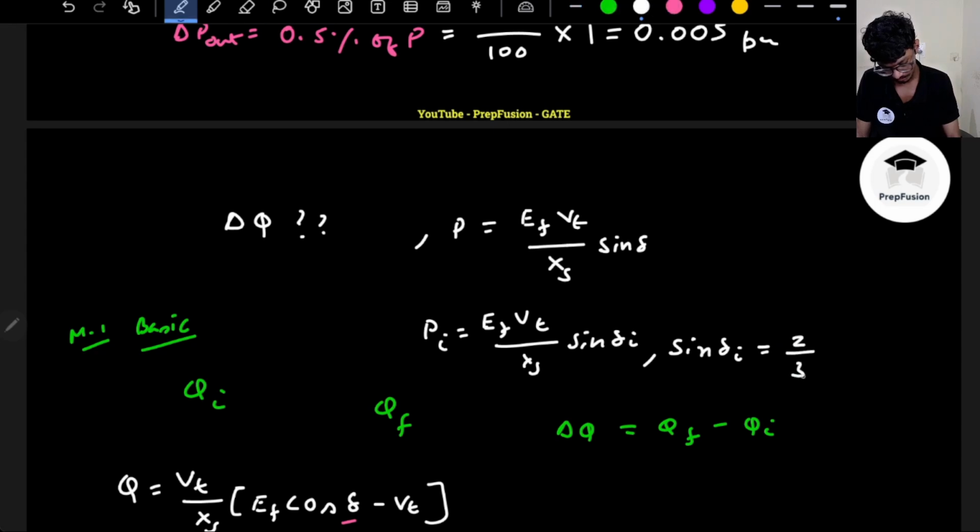Delta I is sine inverse of 2 by 3, which comes out to be 41.81 degrees.